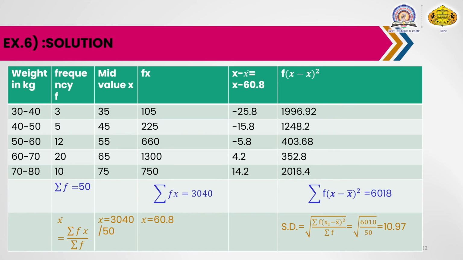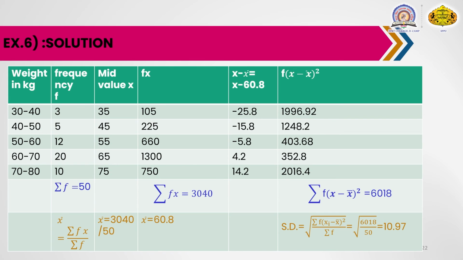So I have to skip one step here. You write here: first square the number x minus x bar and then multiply by f. So how to obtain the first figure of this last column? I take the number minus 25.8, square it and then multiply by the frequency 3.